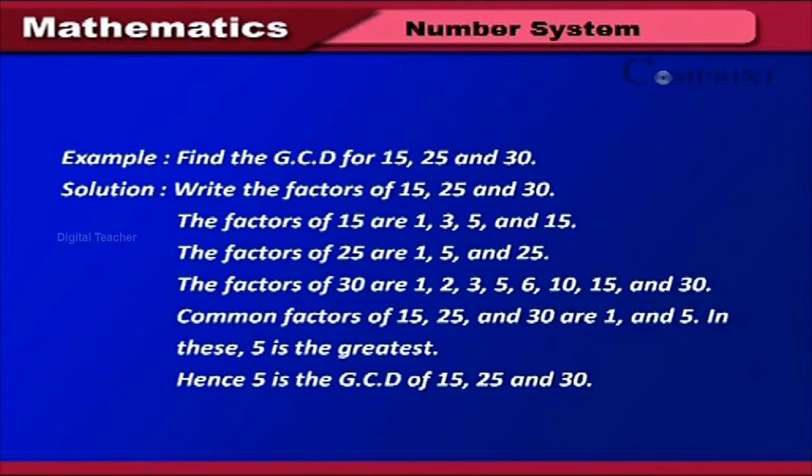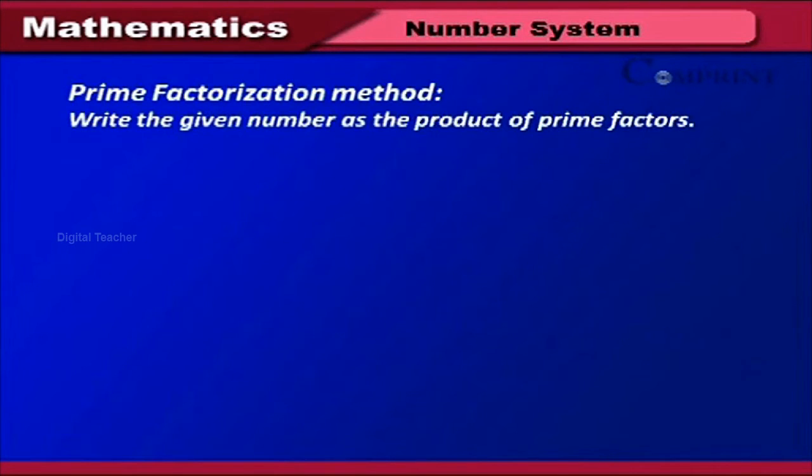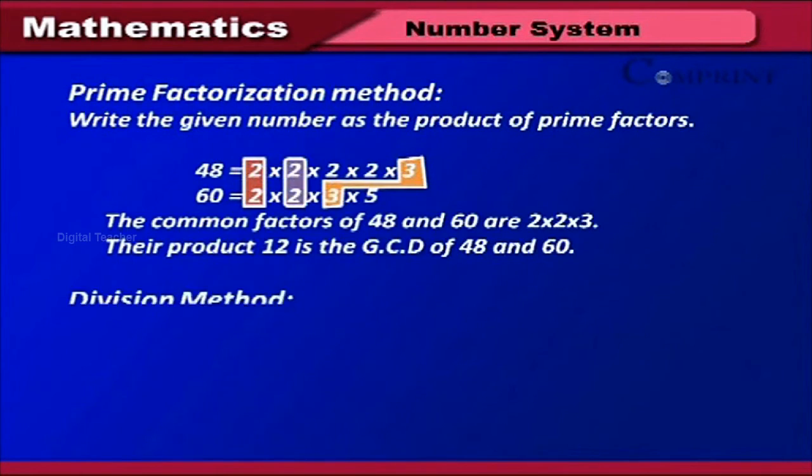The factors of 30 are 1, 2, 3, 5, 6, 10, 15 and 30. Common factors of 15, 25 and 30 are 1 and 5. In these, 5 is the greatest, hence 5 is the GCD of 15, 25 and 30.